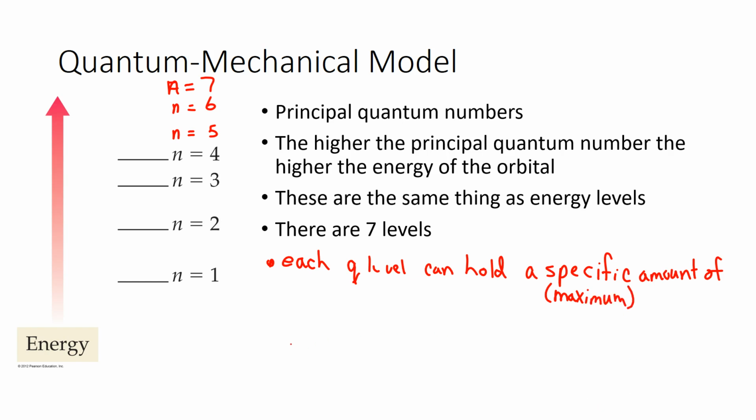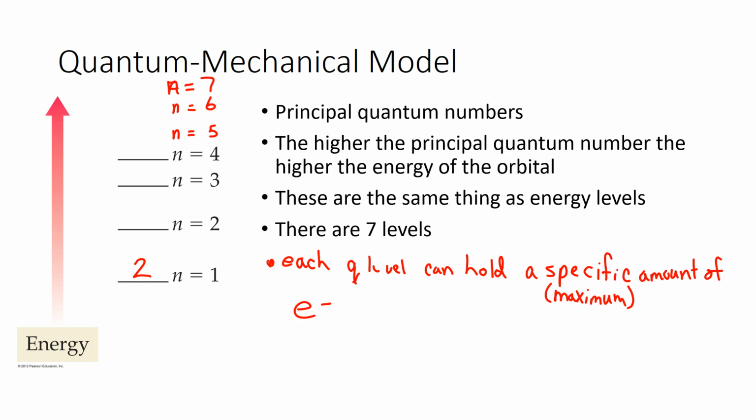All right. So each energy level can hold a specific or a maximum amount of electrons. When we're looking at N1, quantum level 1 can only hold 2 electrons. If you look at the periodic table, how many elements are in period 1? 2.